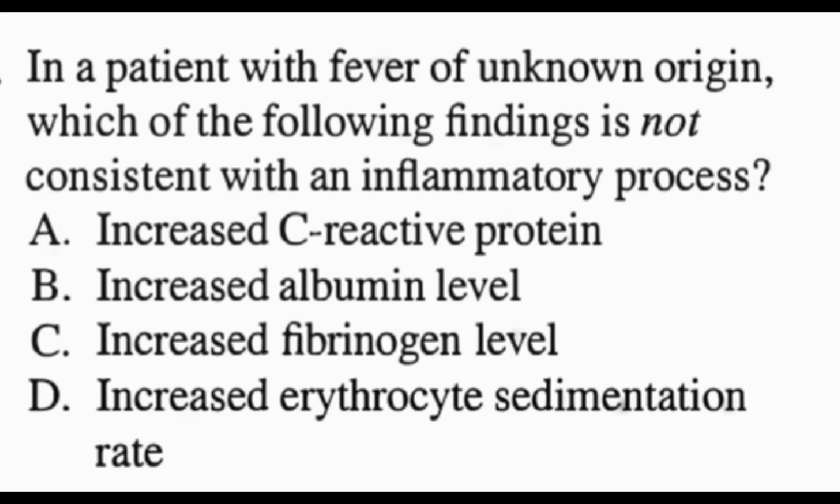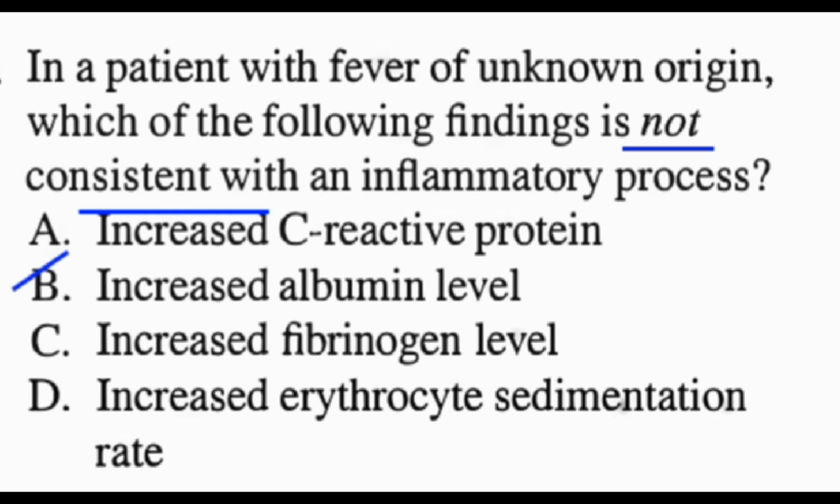The question is, in a patient with fever of unknown origin, which of the following findings is not consistent with an inflammatory process? The correct answer is B. Increased albumin level. During inflammation or infection, the liver changes its protein production.